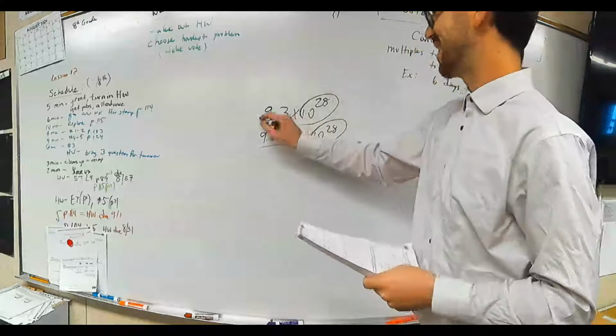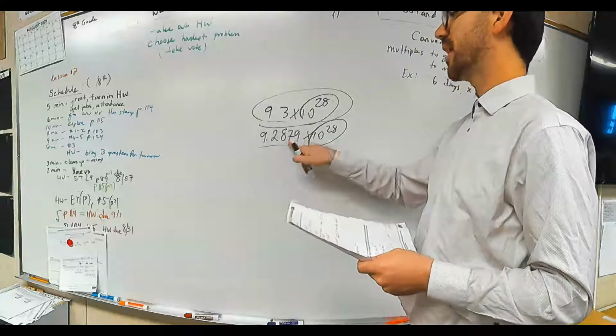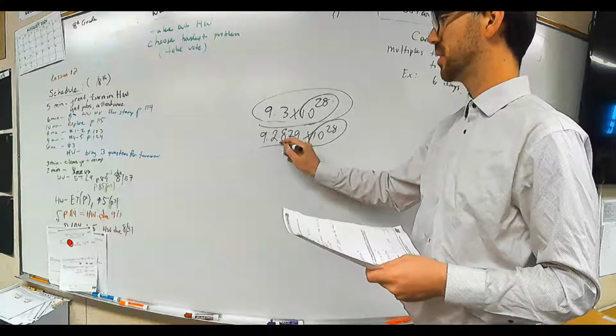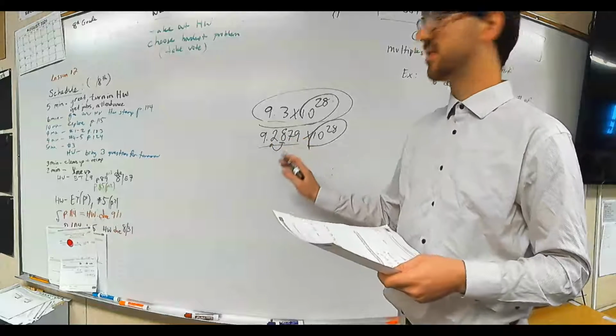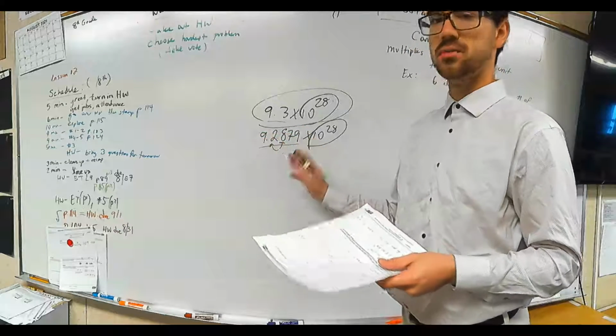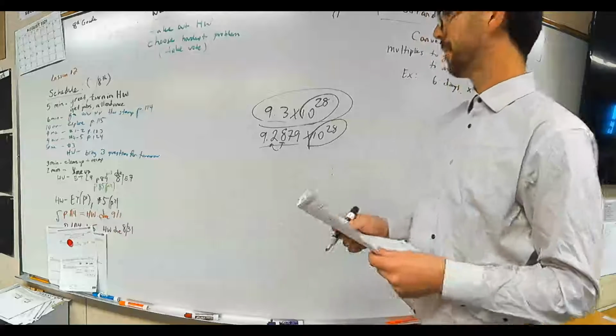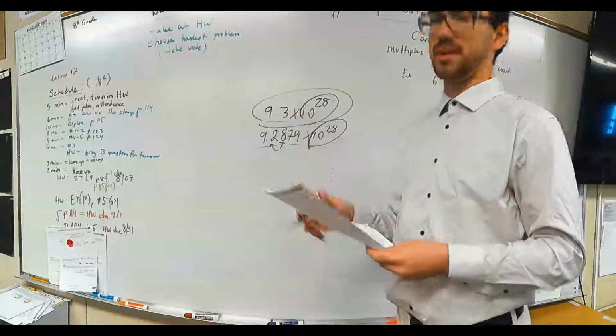All right, yes, it was 9.3. That is greater than 9.2879. Okay, you can round this to the nearest tenth, and then you would see this would actually make it larger. Okay, but originally, this is smaller. And it is 2/100ths smaller than 9.3.